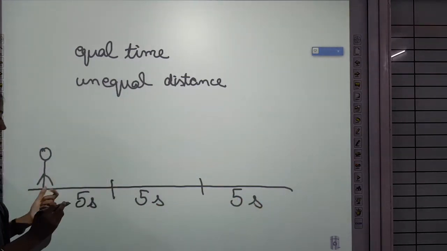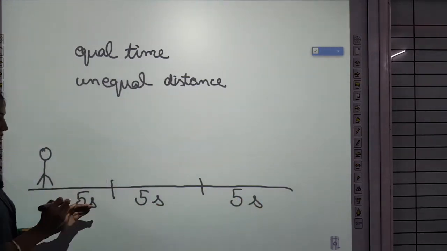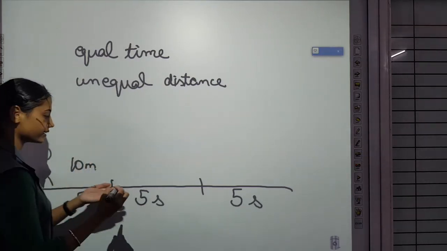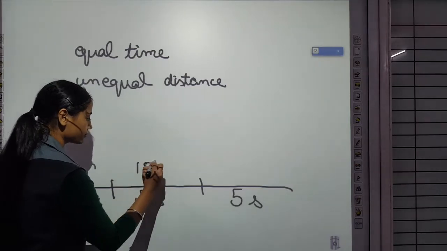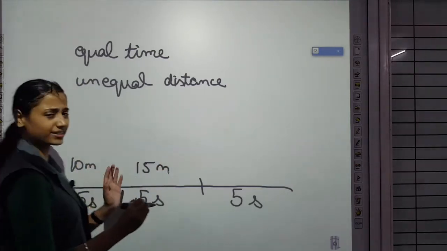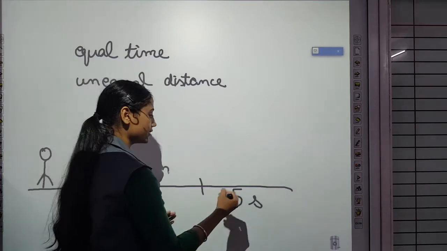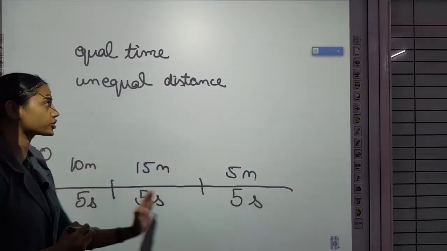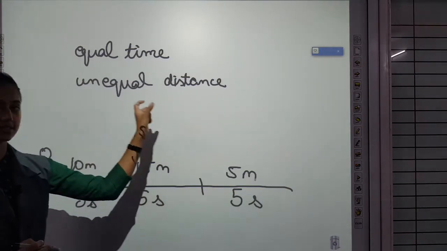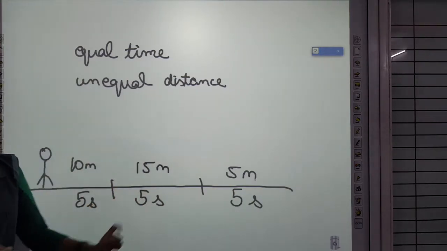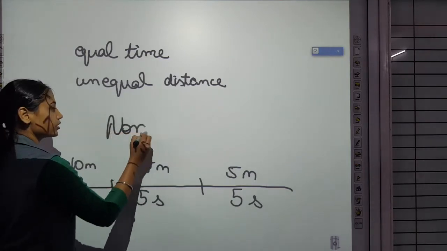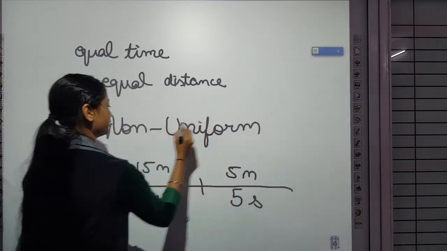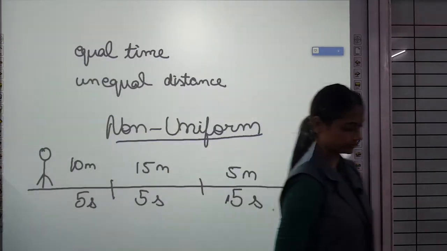Let us say in the first 5 seconds, this man covers 10 meters. Then he increases his speed, and in the next 5 seconds he covers 15 meters. Now he is exhausted, so he slows down. Then in the next 5 seconds he covers only 5 meters. So in his whole journey he covers unequal distances in equal intervals of time, and this motion is known as non-uniform motion. Understood?